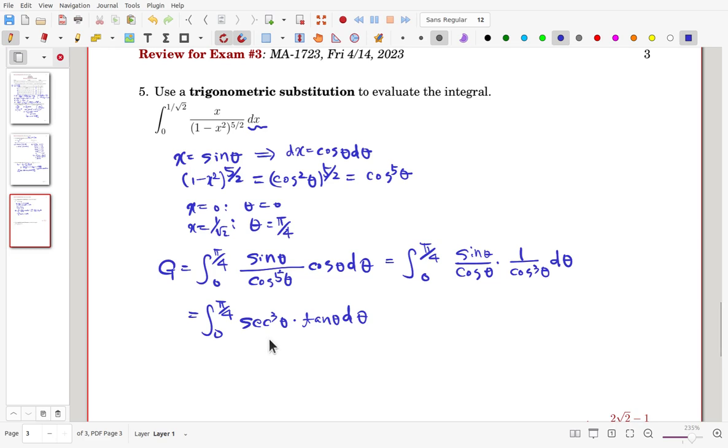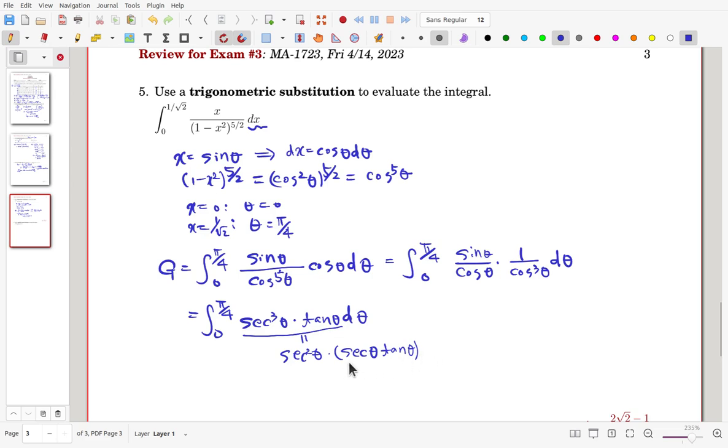For this one, this part can be separated this way. That is sec squared theta times sec theta and tangent theta. Then if you substitute sec theta with u, that is du. Right?